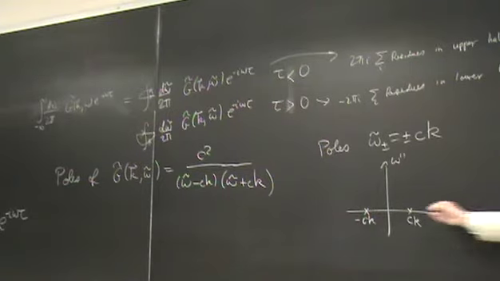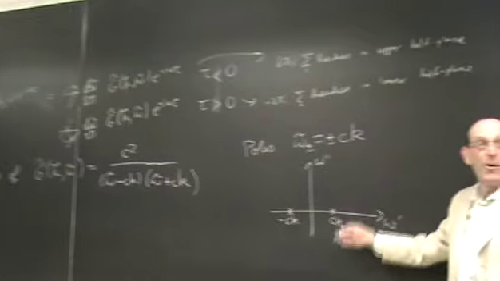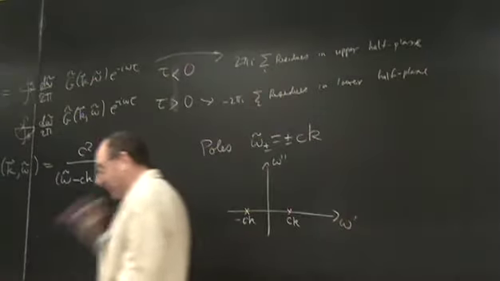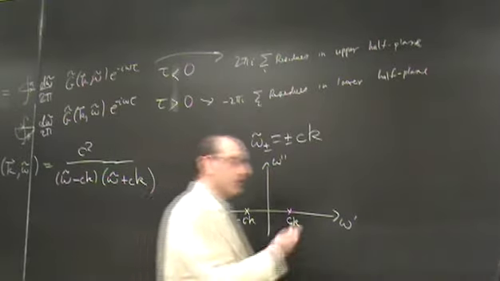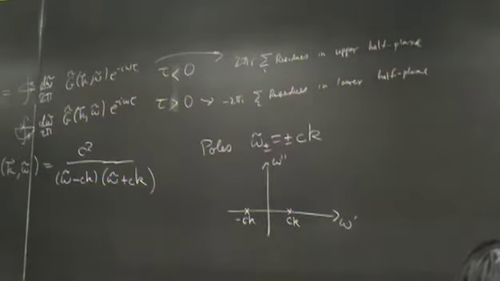These poles are not in the upper half plane or in the lower half plane. They're right on the border between those two situations, which means that there is a causal solution and an acausal solution to the problem.